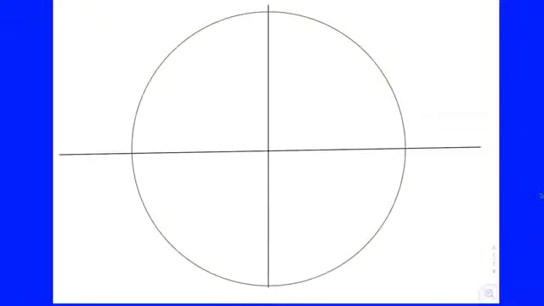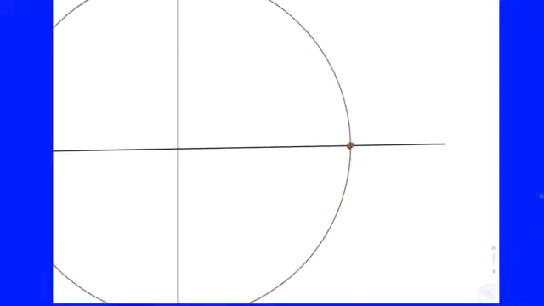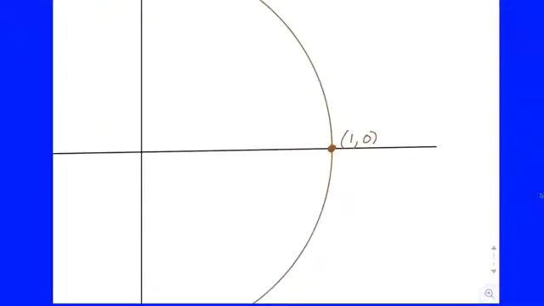On the unit circle, if I come out right here, 1 unit to the right, what's that ordered pair? 1, 0, right? Now, what angle is that? That is 0 radians. It's also 0 degrees.